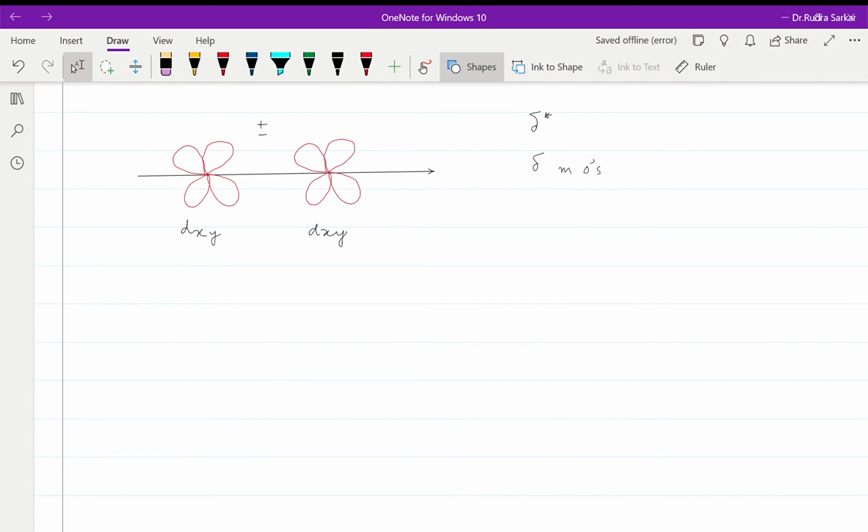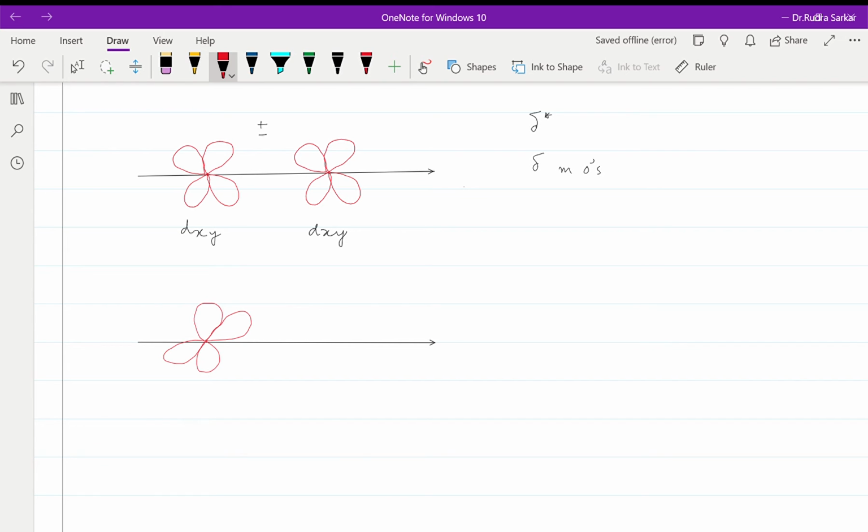Again, similarly, if we were to combine another orbital which we are saying as dx square minus dy square, something like that.